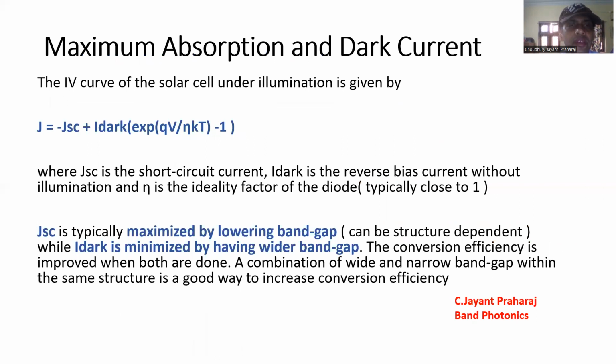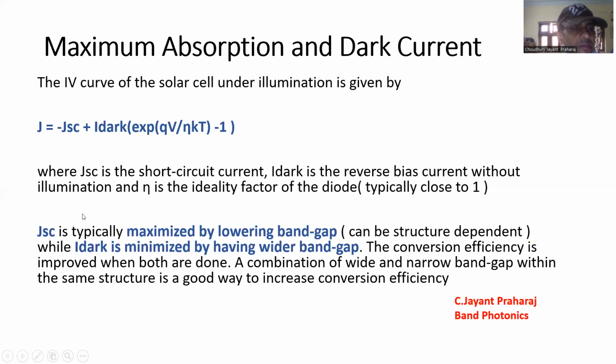In this slide, we talk about the physics of the currents generated in the solar cell. The current voltage curve, or the IV curve of the solar cell under illumination, is given by this equation here. You can see that there is a current density, and that has a short circuit current density component, a dark current component, and there is an eta, or the so-called ideality factor, in the solar cell.